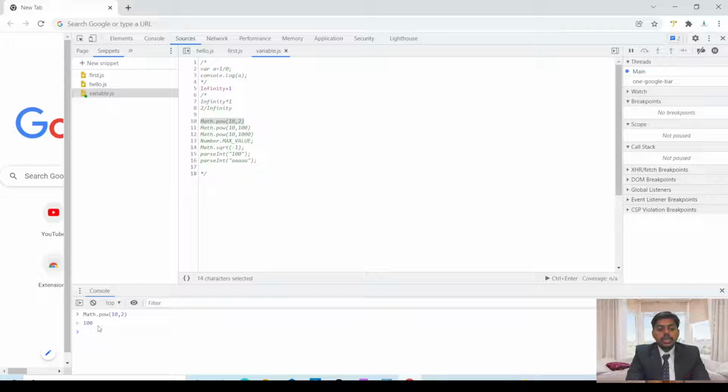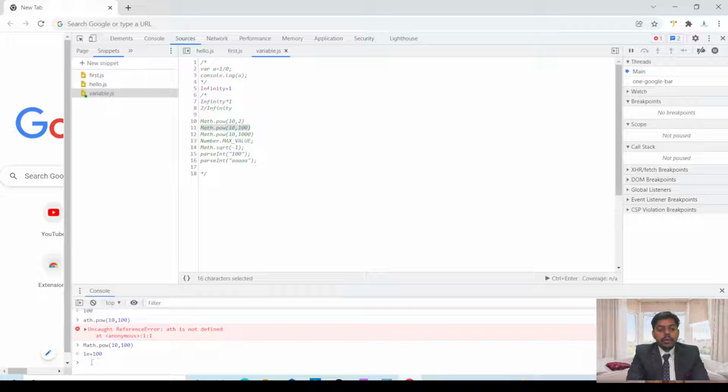You can see that 10 raised to the power 2 is 100. Now if we want to calculate 10 raised to the power 100, it should be written as Math.pow. There was a syntax error.